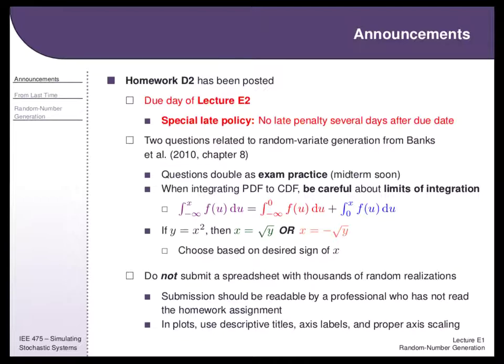The CDF of this is going to be the integral underneath this little part from 0 to x, plus the entire contribution of the area underneath this part from -infinity to 0. And it is that integral up here from -infinity to 0 that is often forgotten when people are doing these calculations.